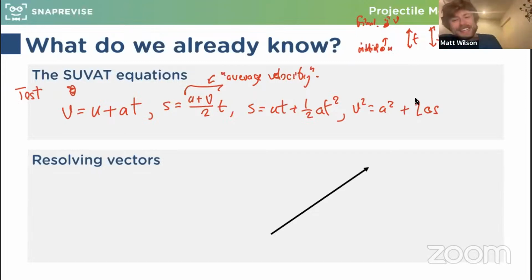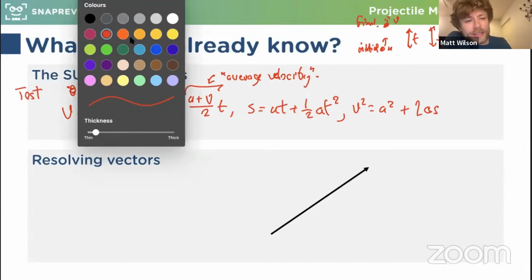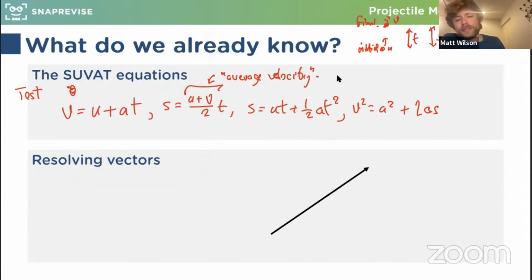Good. Okay. So those are the main equations that we're going to use to deal with objects moving around on the Earth. And there's a key assumption going on in the background of all of this: we assume that acceleration is constant. We can see that we're making this assumption in our equations because there's just one mention of a. For velocity, there's an initial and a final, so velocity is allowed to change.